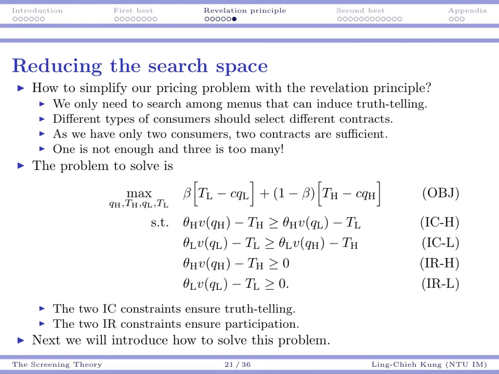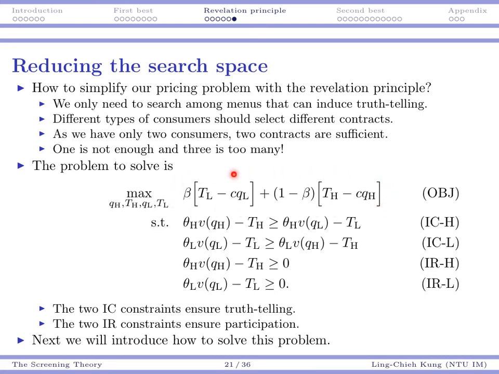And also I know with probability beta, I see a low type consumer, and the outcome will be QLTL. So this will be my profit when I see a low type consumer. If I see a high type consumer, I earn TH minus CQH as my profit. So this is my expected profit. I design these 4 numbers to maximize my expected profits.